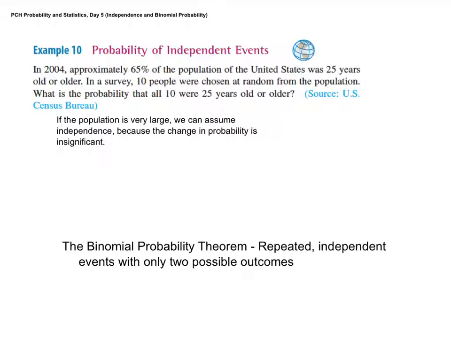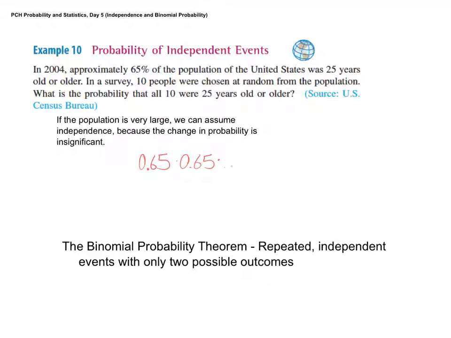Okay? So in this case, I'm picking a person. What's the probability that first person I pick is 25 years old or older? 65%. Yeah, it's 65%, alright? What's the probability the next person I pick is 25 years old or older? 65% as well. Okay, and how about the next one?